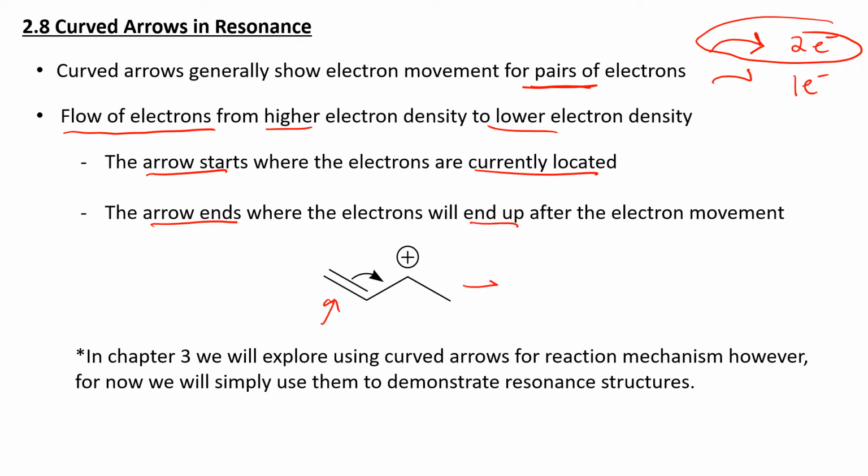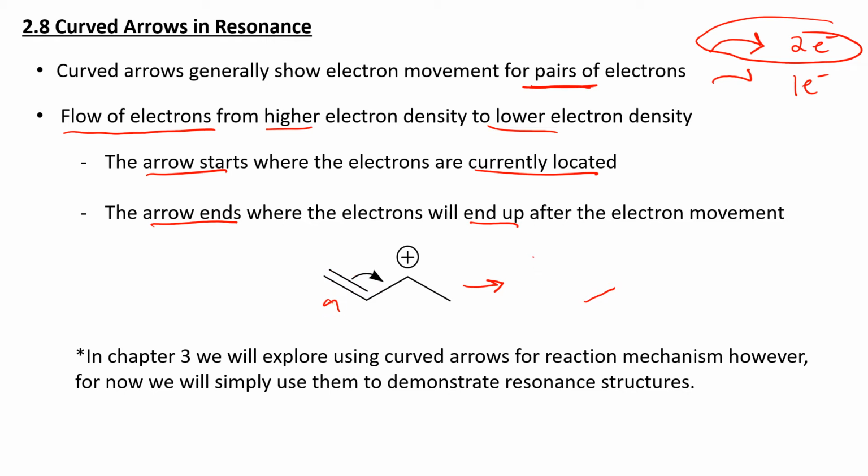So if we were going to draw the resonance structure here, you can see how the electrons were currently located in this pi bond. We showed them moving to that carbon-carbon bond, resulting in our positive formal charge moving.